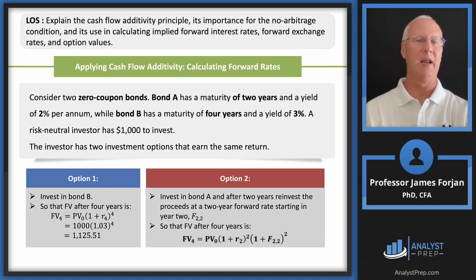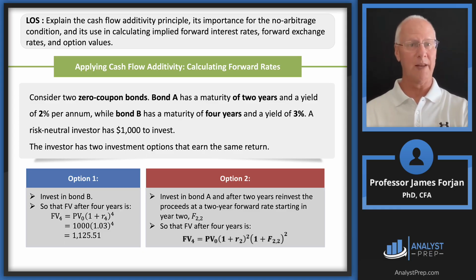But I'll go ahead and give you my 2 cents on this introduction of a risk-neutral investor. It's exactly what the name suggests: a risk-neutral investor simply looks at the return on an investment and ignores risk. Now, you might think that's a strange way to price zero coupon bonds, and at first glance, it probably is, because we know that investors are risk averse.